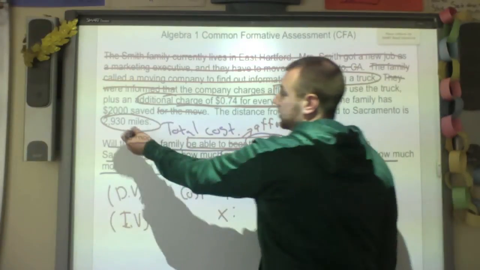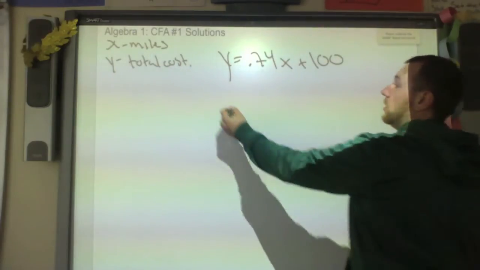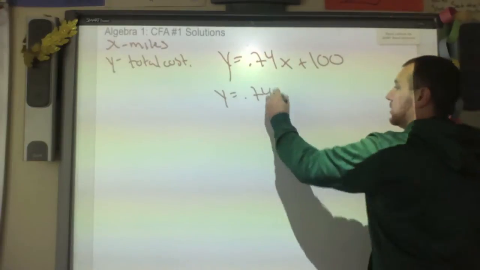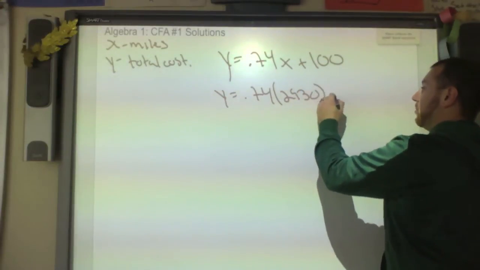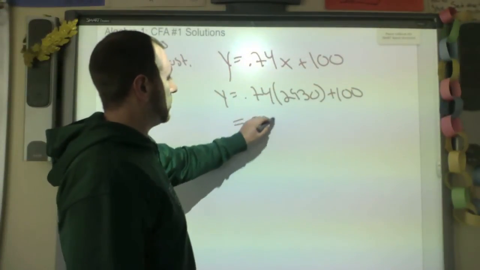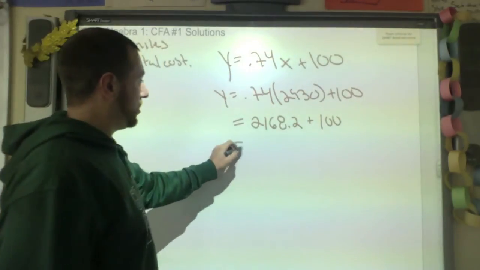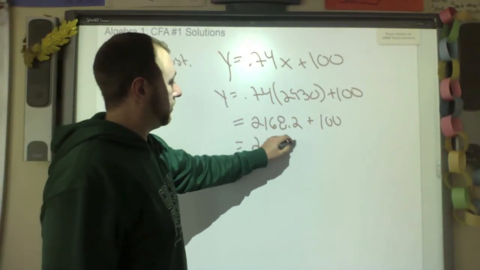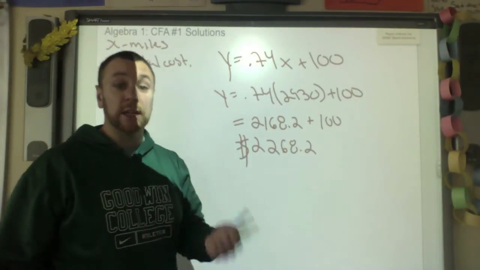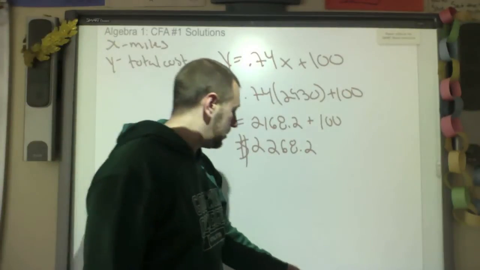So that is going to go in for X because X is my miles. So 0.74 X, or X turns into 2,930, plus 100. So that turns out to be 2,168.2 plus 100. So the total cost for that trip is $2,268.20. Okay? So now I've solved the math of it.